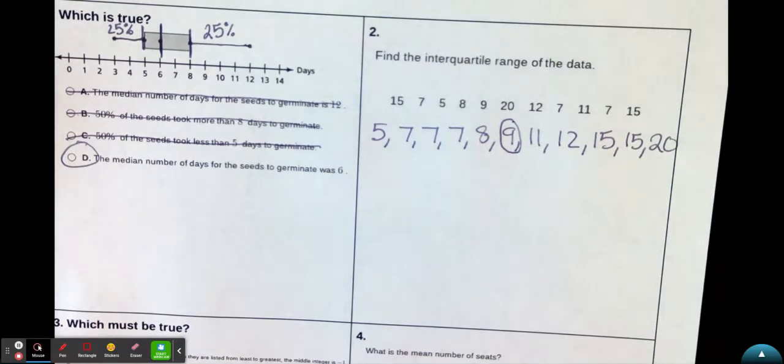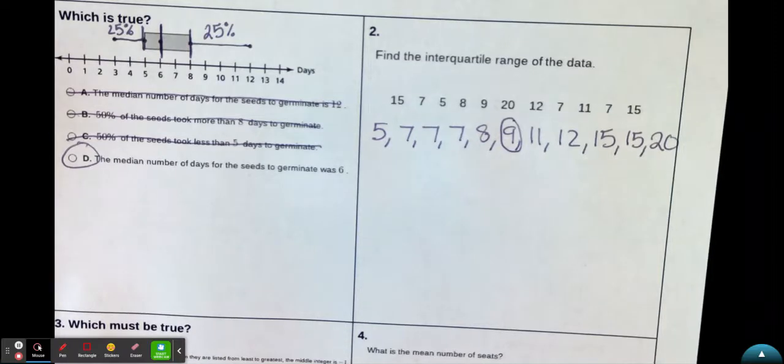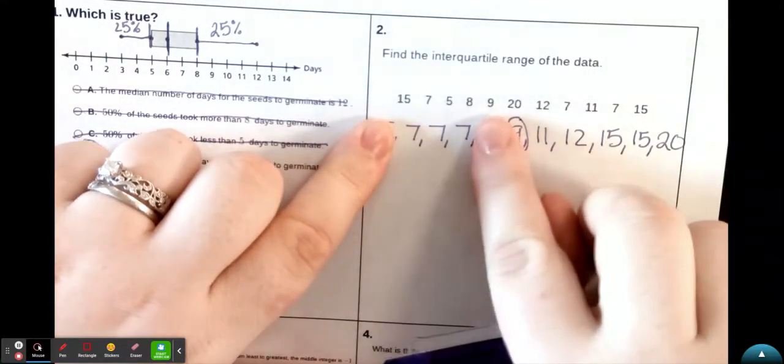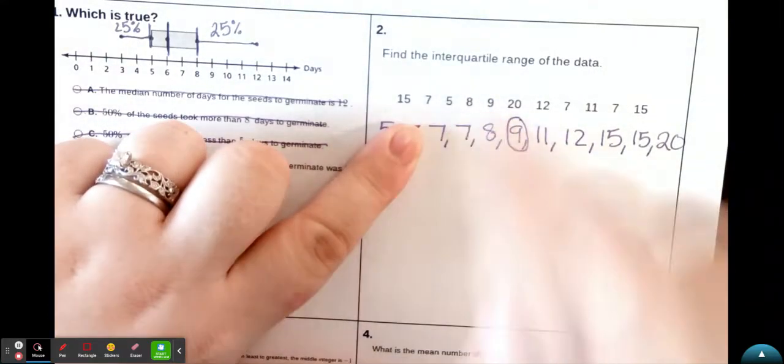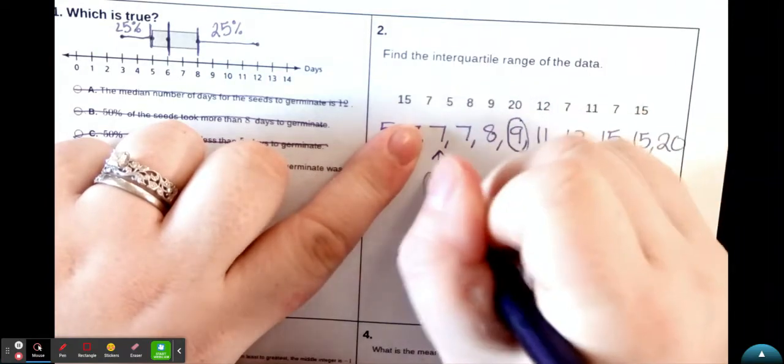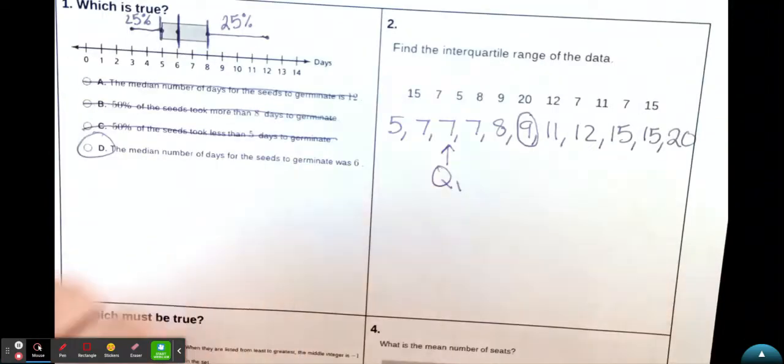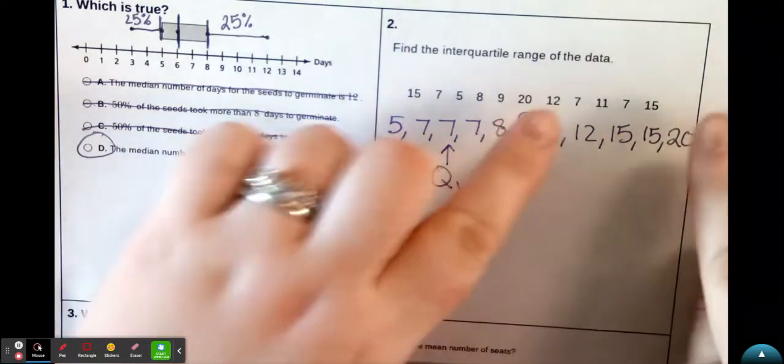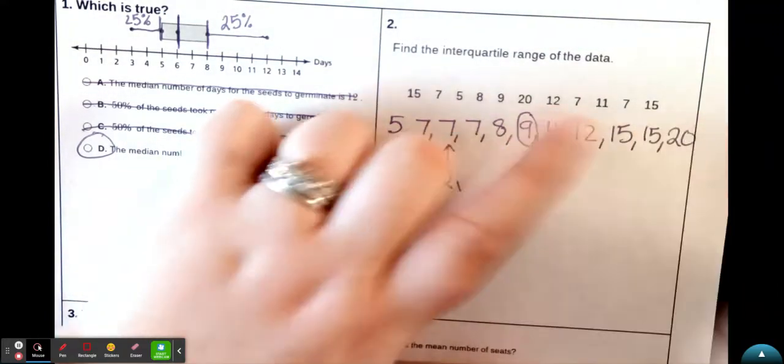Okay, what's my next step? Find the first and third quartile, which means the lower half median and the upper half median. So I'm going to take my fingers, start on 5 and 8, and then work my way in. What do I get? 7. That is quartile 1. Okay, do the same for the upper half. Fingers, cover 11 and 20, work one in, and what do we get? 15.